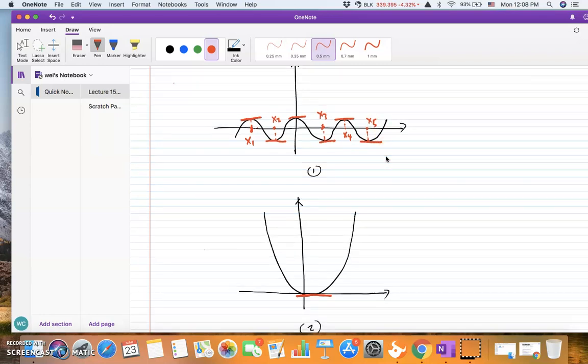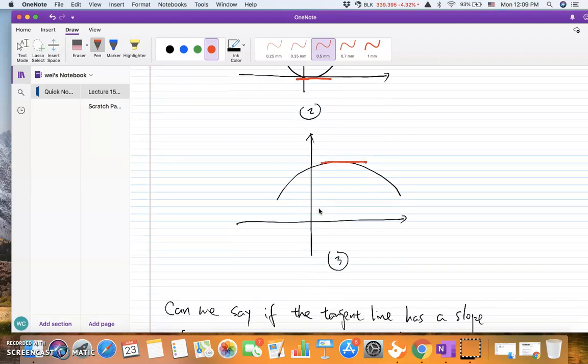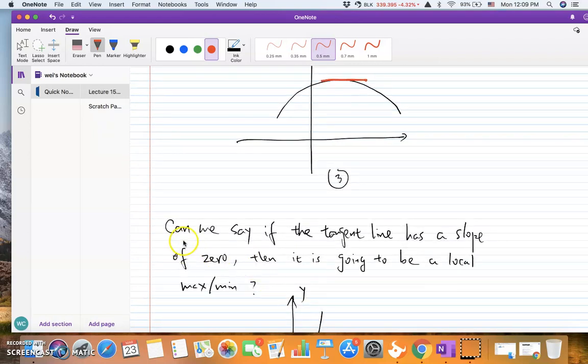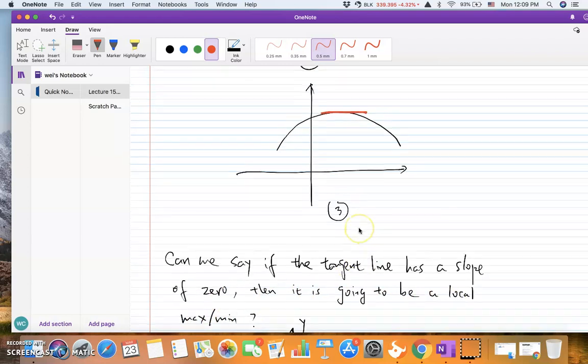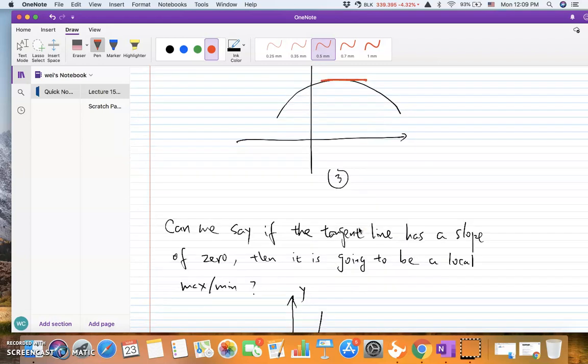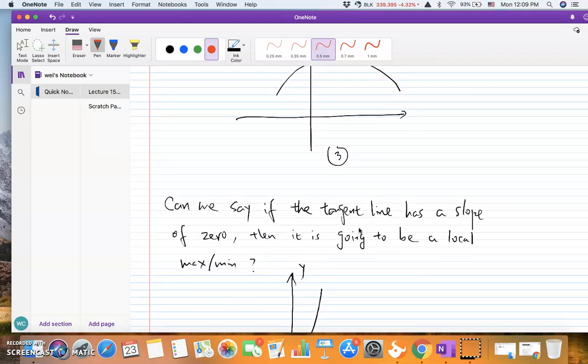So it seems like if the derivative is 0, if the tangent line is horizontal, then we're going to have either a maximum or minimum. So can we say that if the tangent line has a slope of 0, then it's going to be a local maximum or minimum? Now, this is not always true, however.